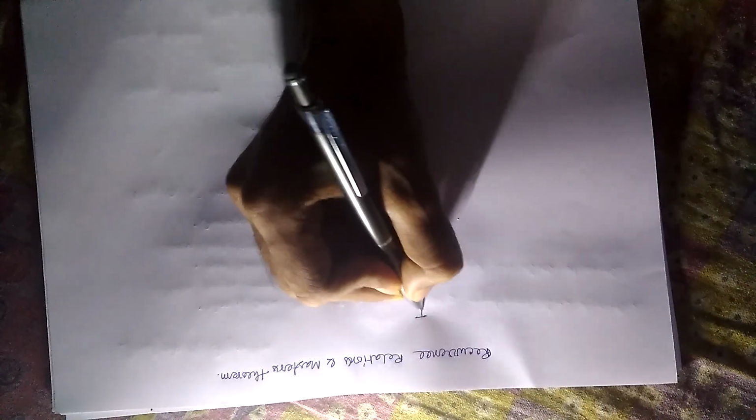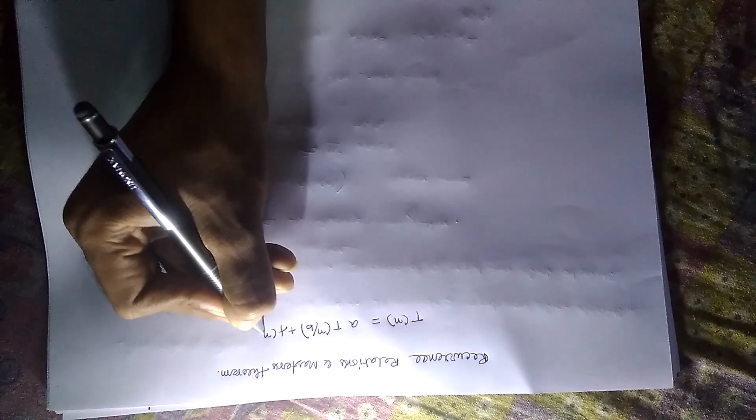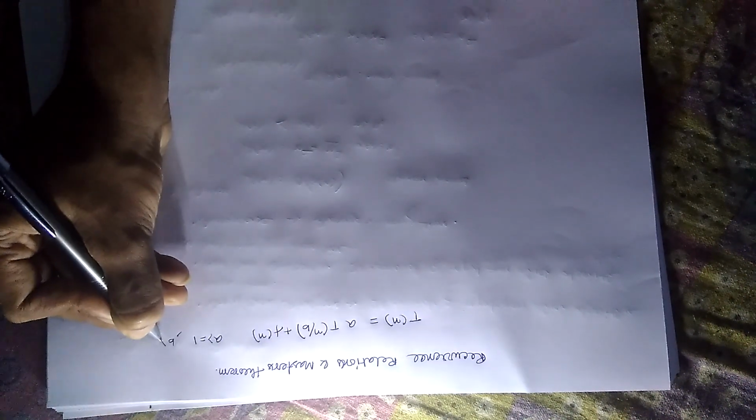The recurrence relation can be shown like this: T(n) = a T(n/b) + f(n), where a is greater than or equal to 1 and b is greater than 1.